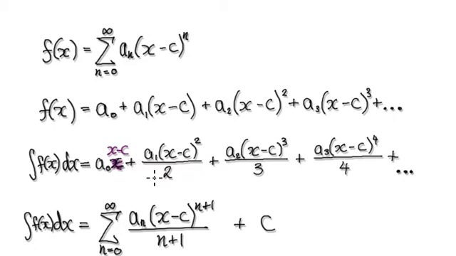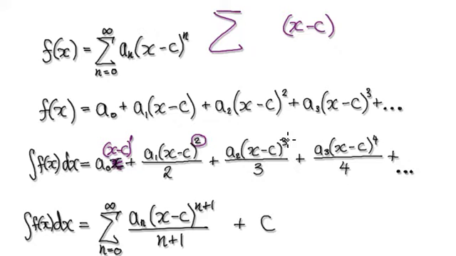So when you turn it back into your summation form, it's got to contain x minus c in your summation. You notice that this is to the power of 1, to the power of 2, to the power of 3. This is 0, this is 1, this is 1, this is 2, this is 2, this is 3. So it's always one power above your index.